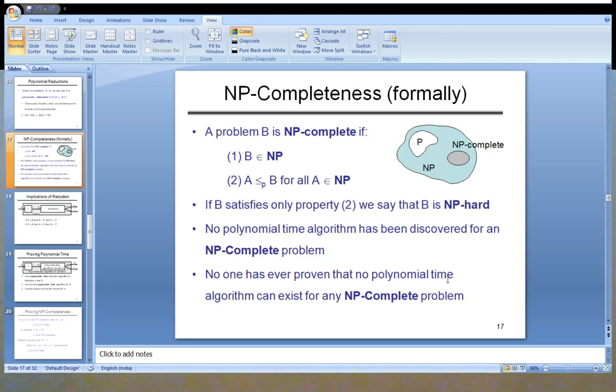No polynomial time algorithm has been discovered for any NP complete problem, and no one has ever proven that no polynomial time algorithm can exist for any NP complete problem.